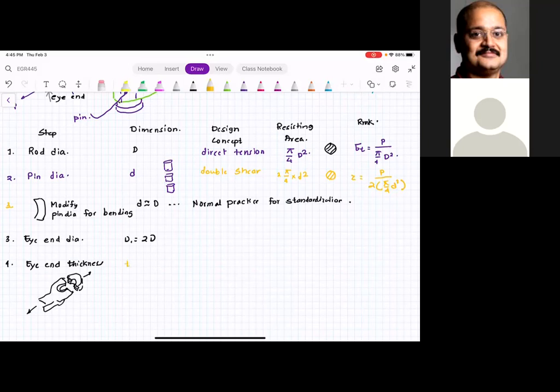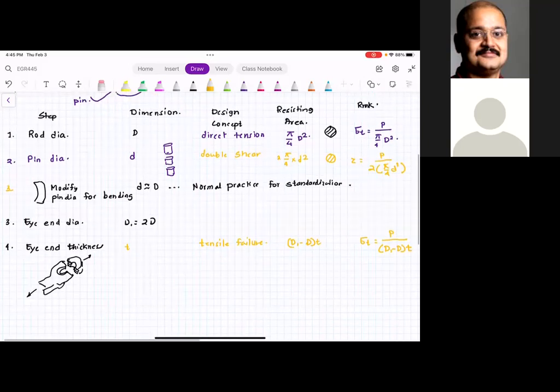So I'm going to call this tensile failure, and area is going to be (D1 minus D) times T, and sigma T is equal to P divided by (D1 minus D) times T. Please note, capital D1 is known, capital D is known, so we can find out the value of the thickness.